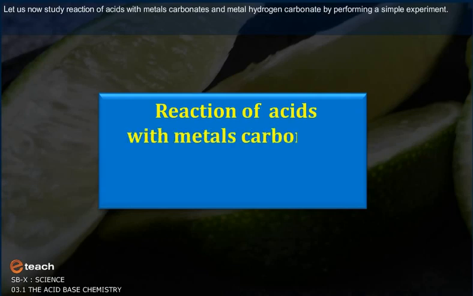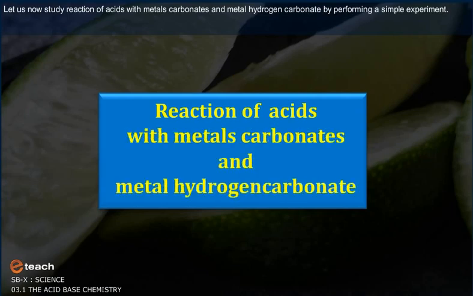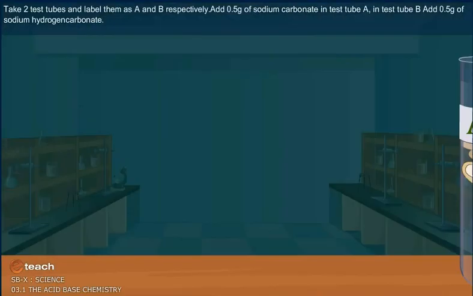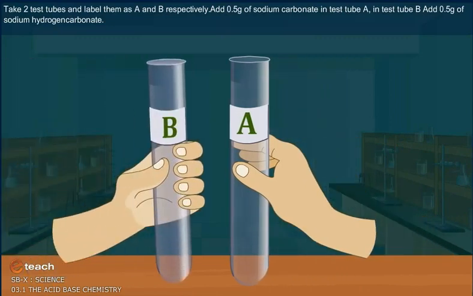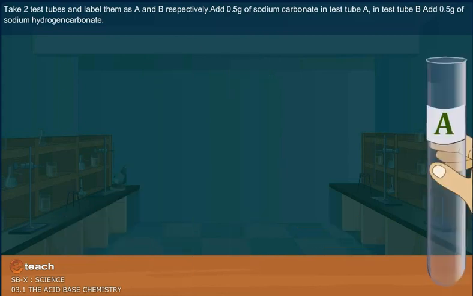Let us now study the reaction of acids with metal carbonates and metal hydrogen carbonate by performing a simple experiment. Take 2 test tubes and label them as A and B respectively.